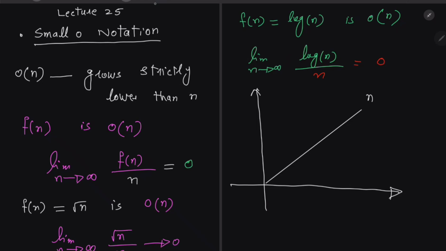The other functions that we discussed, the square root of n, will be very small like this. And then we have log of n, which will also be a lower value than n. So these are strictly lower than n. That's the definition of small o notation.